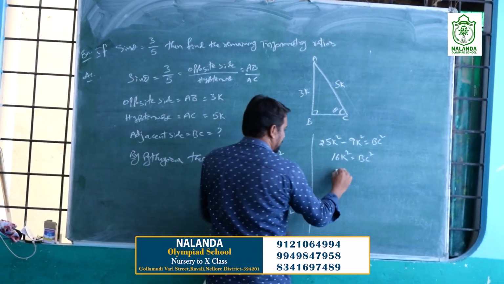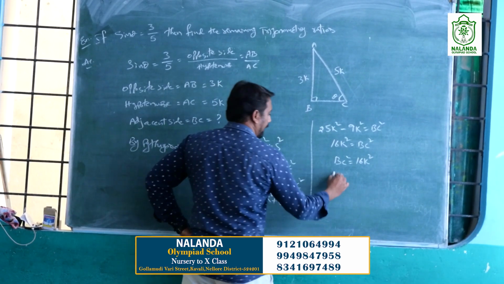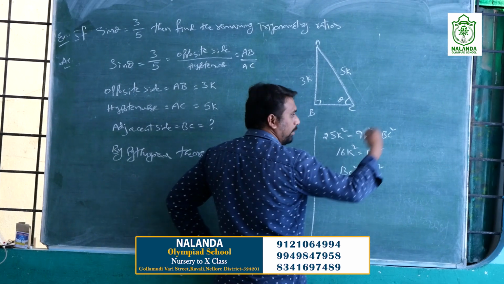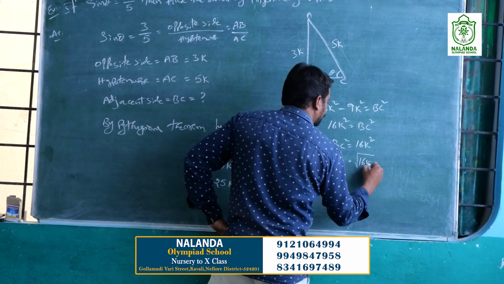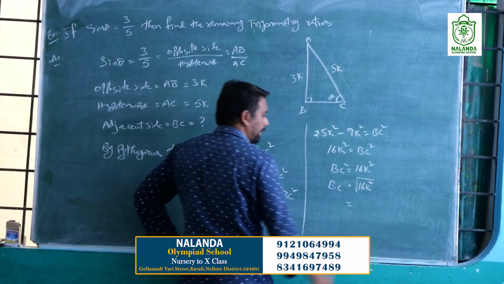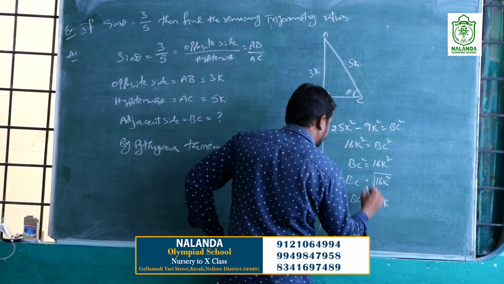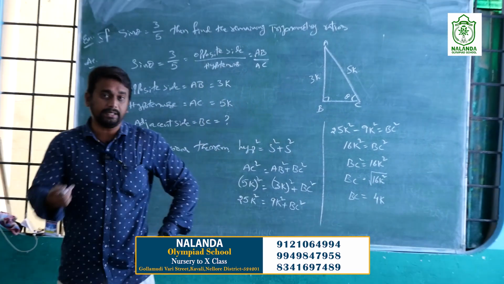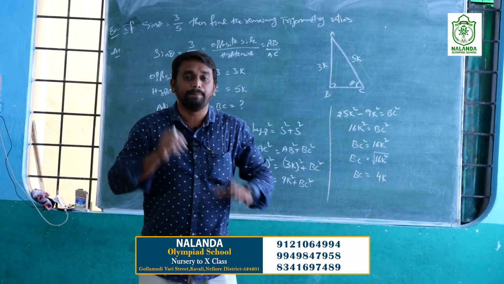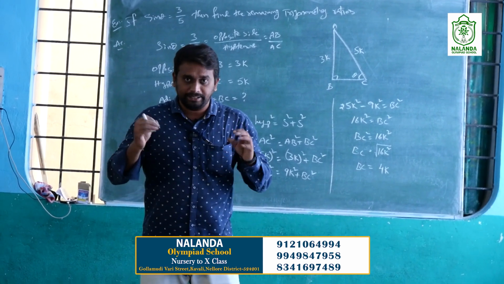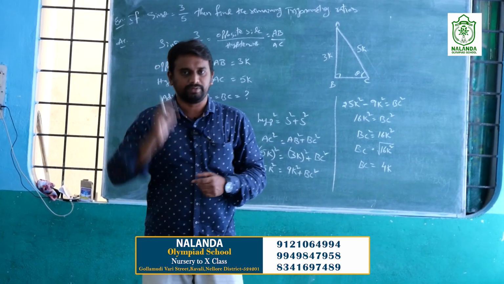Now change the places and send the square to the other side, and it changes to a root. So the root of 16 is 4 and the root of K square is K, giving 4K. Here we get plus or minus, but sides cannot be negative. That's why we apply only the positive term.